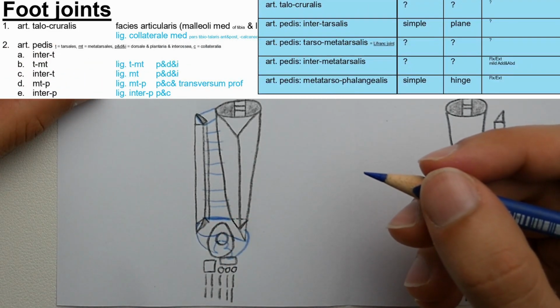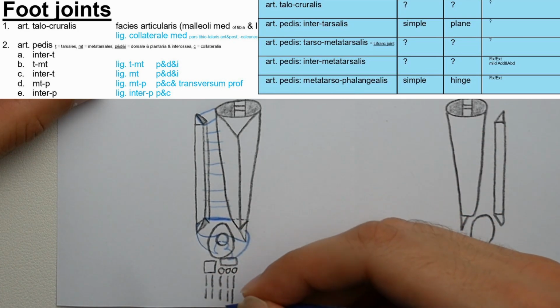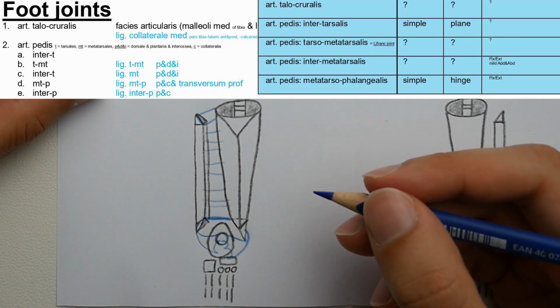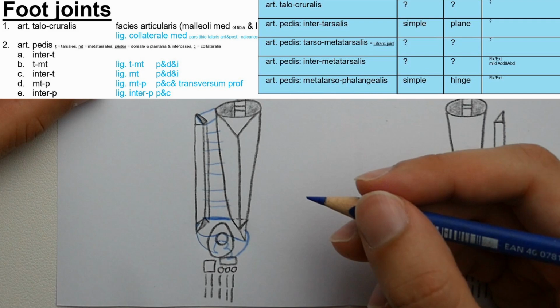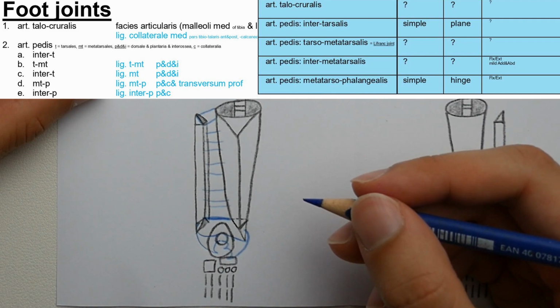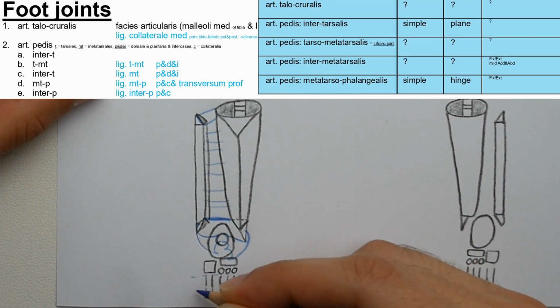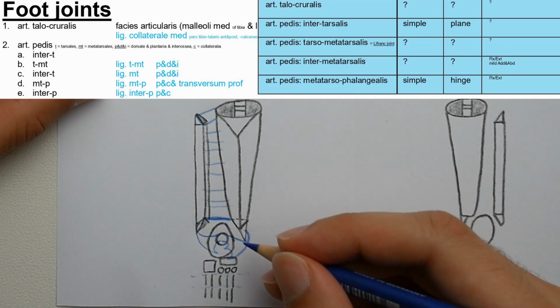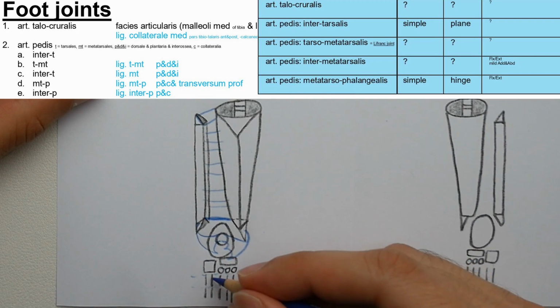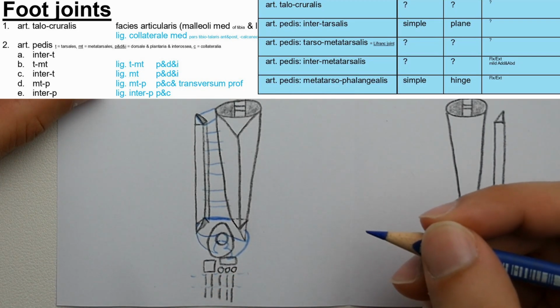Lastly, we will talk about the articulatio pedis, which is a collective term for 5 types of joints. In order to memorize these types with ease, we need to remember that the foot is made up of 3 sections: the tarsal bones, the metatarsal bones, and the phalangeal bones.